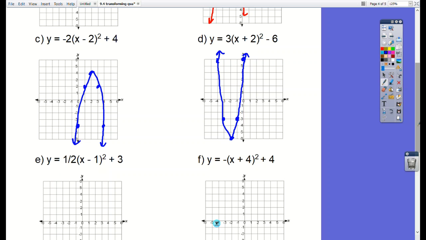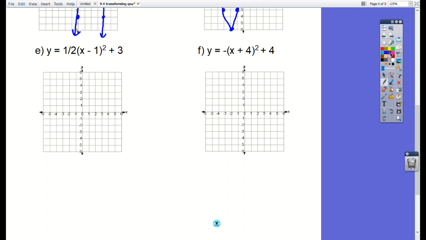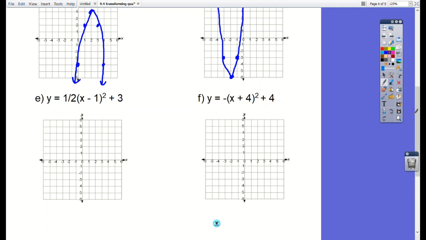Hannah, vertex for part E, please. 1, 3. Okay. And then, Alex, can you count our points? Reflect that over here, here. There we go. That's a wider graph.